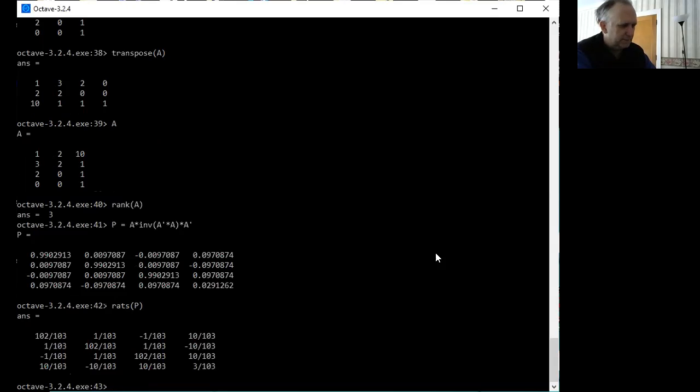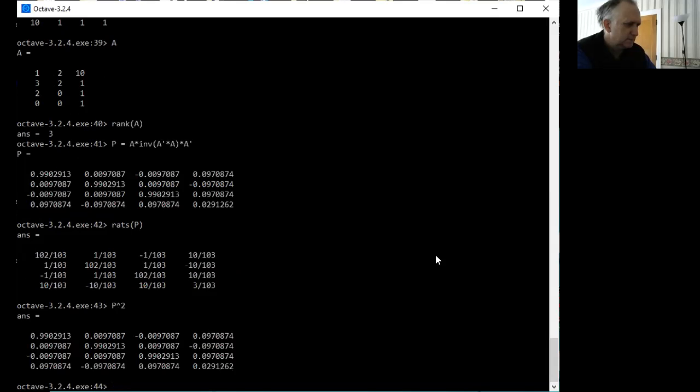Very interesting, right? What's P squared? P squared should be pretty close to P, right? Let's see. See? P squared is P. Idempotency in the projection matrix.